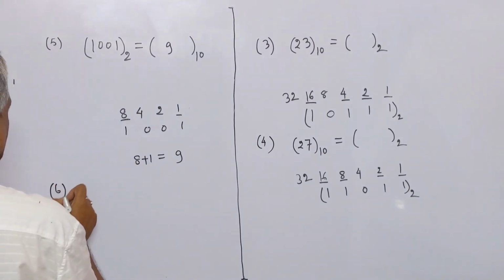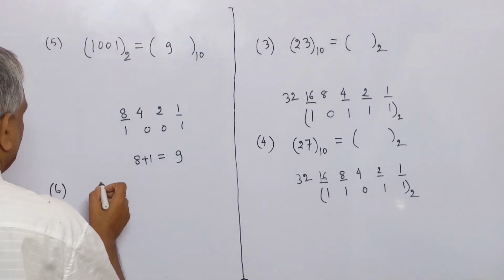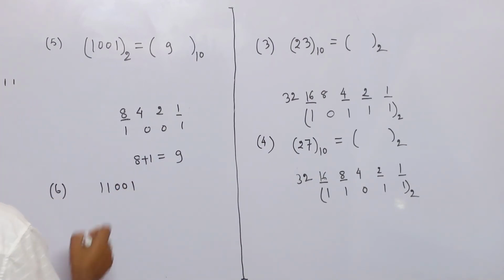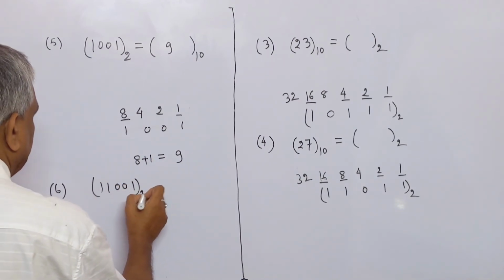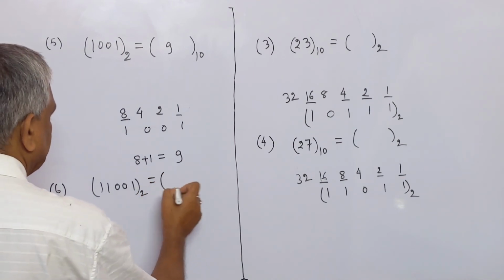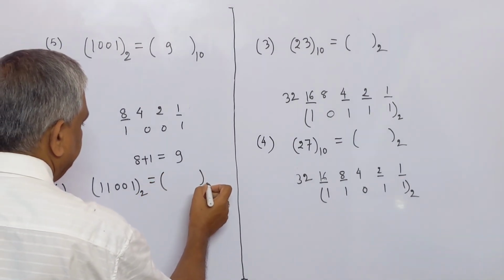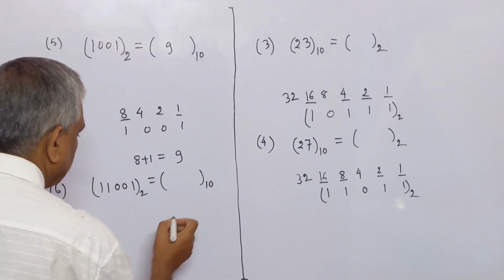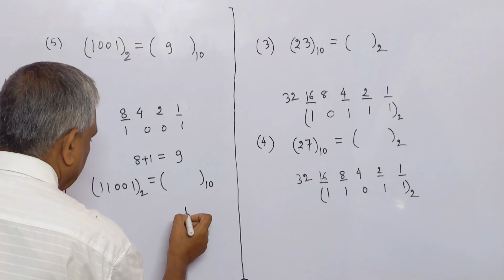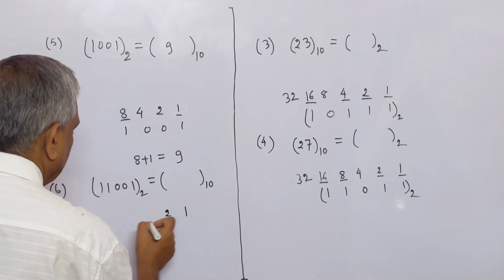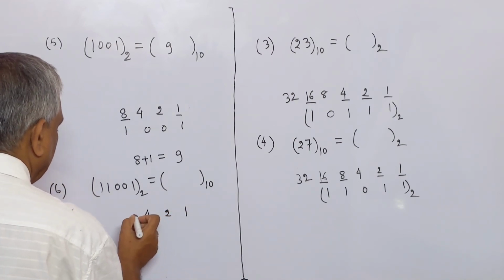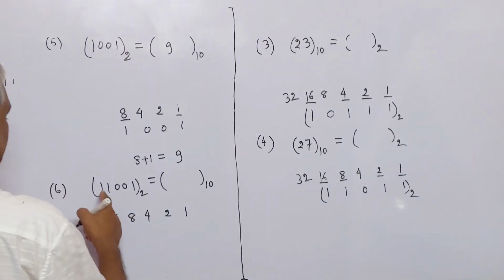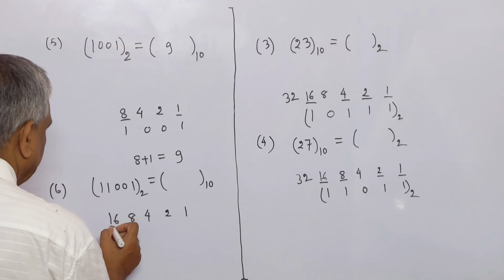Number 6. Let us have a binary number 1, 1, 0, 0, 1 in binary system. We have to construct this in decimal system. Here we have 1, 2, 3, 4, 5 places. So we write here 1, 2, 4, 8, 16. In the fifth place here 1, so we write a bar.